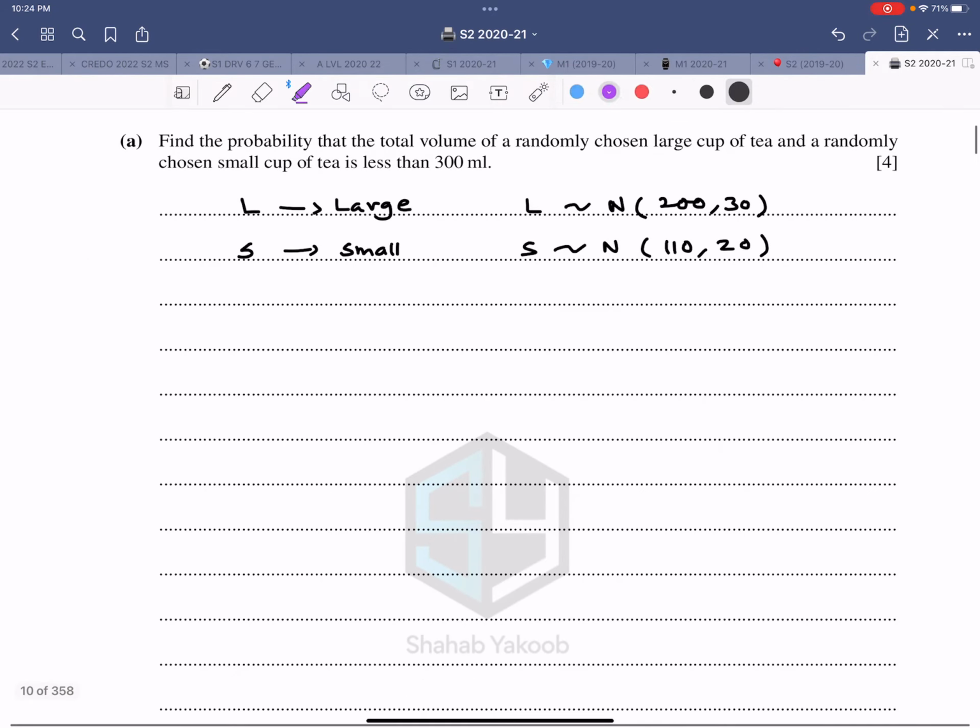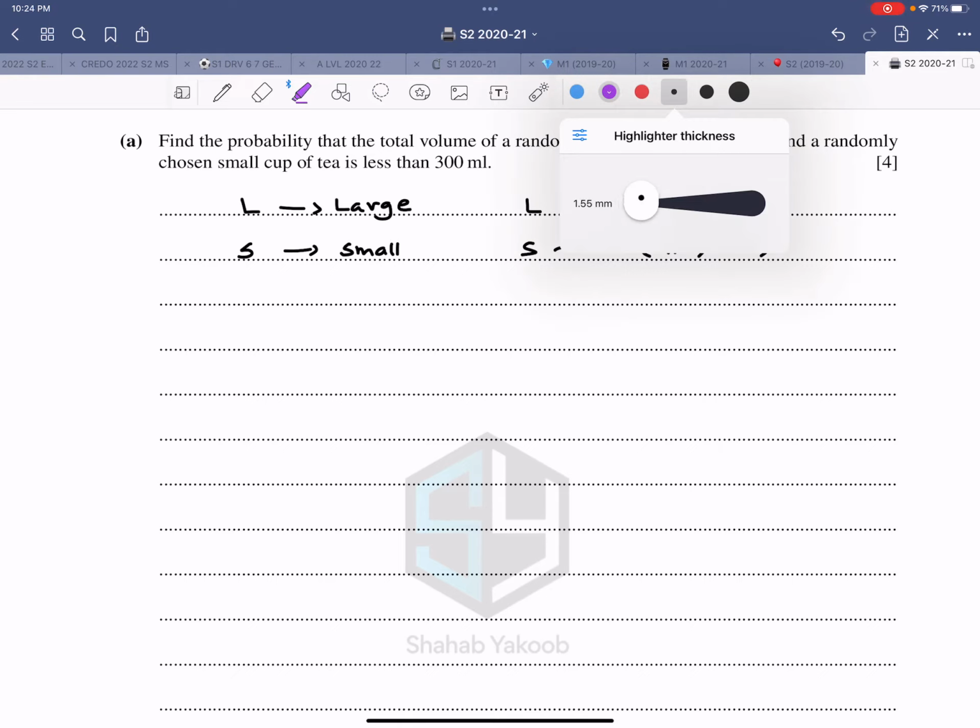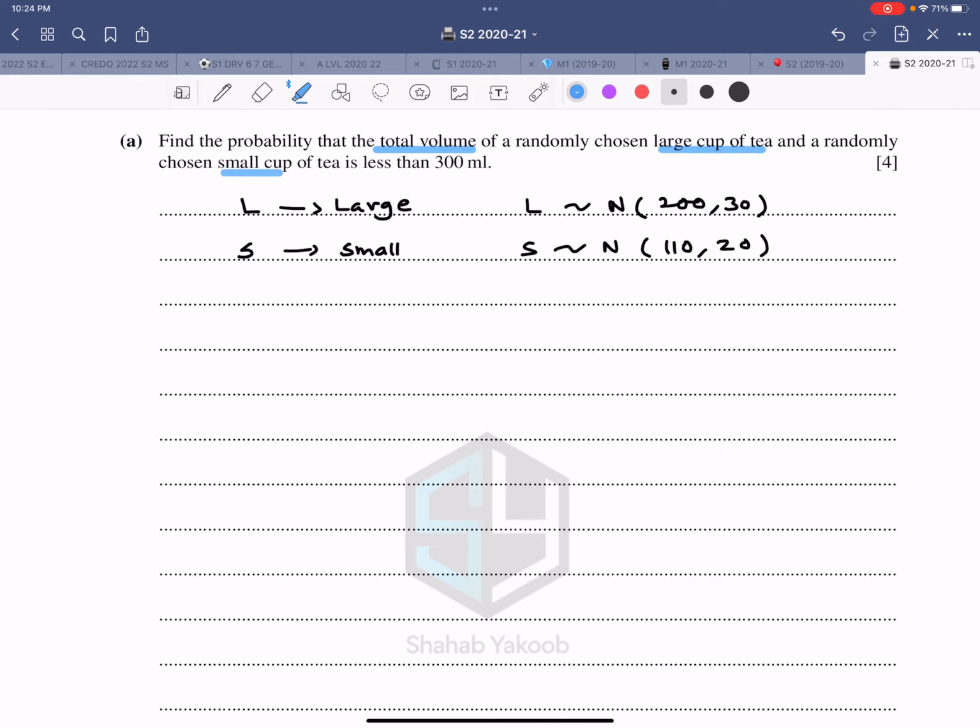Find the probability that the total volume of a randomly chosen large cup of tea and a randomly chosen small cup of tea is less than 300 ml. So let X be equal to a large and a small cup. So X follows a normal distribution, the means are added, the variances are added.